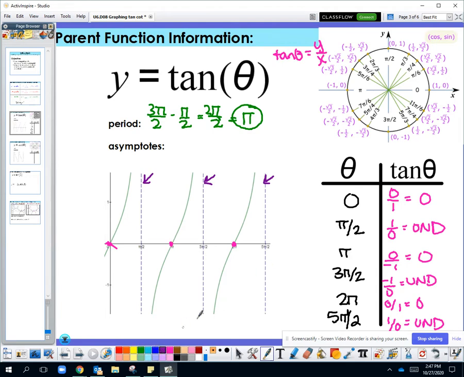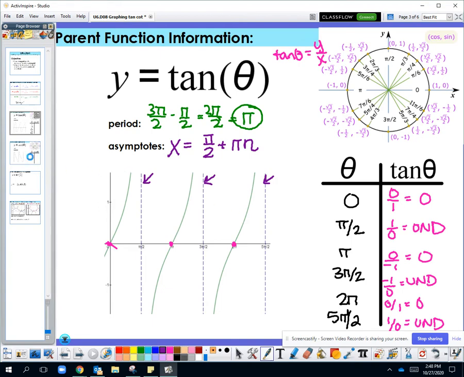If I were to create a pattern for these, I would say that every vertical asymptote is x equals pi over 2, plus pi times n, since the asymptotes start at pi over 2 and are pi apart from one another, and n means for any number I plug in, I'd be able to find that asymptote. So pi over 2, if I add 1 pi to it, I would get this. If I add 2 pi to it, I would get this, so on and so forth.